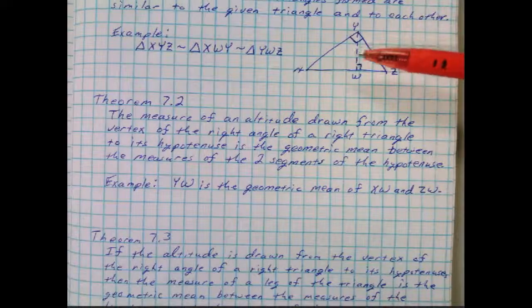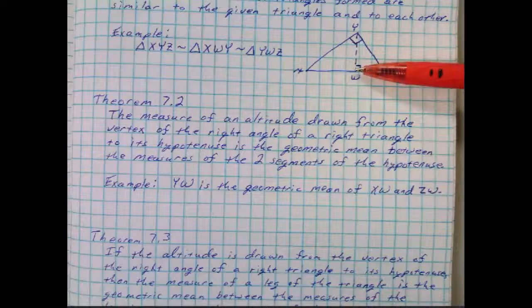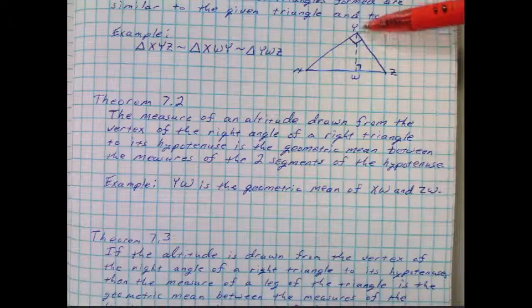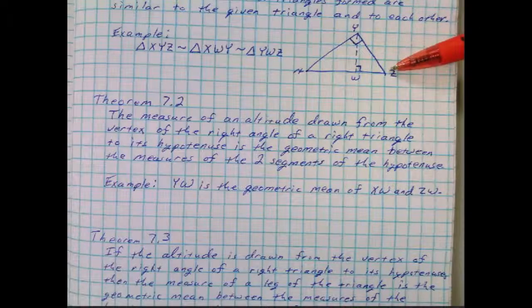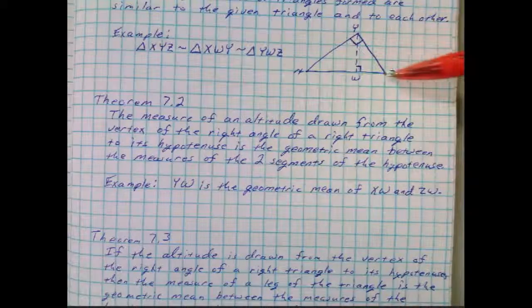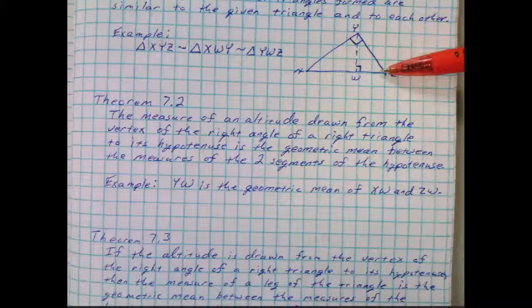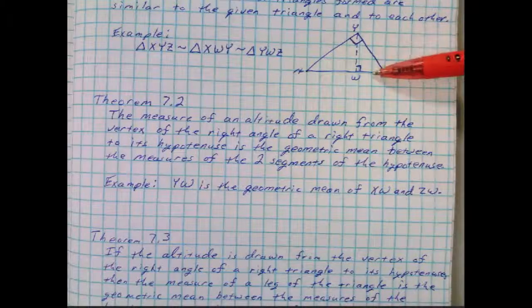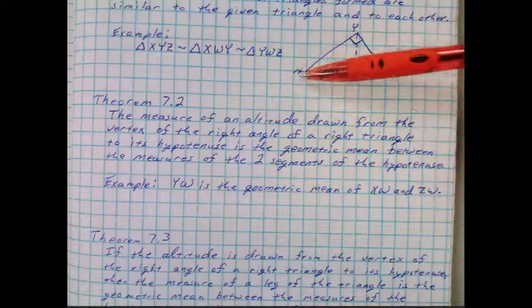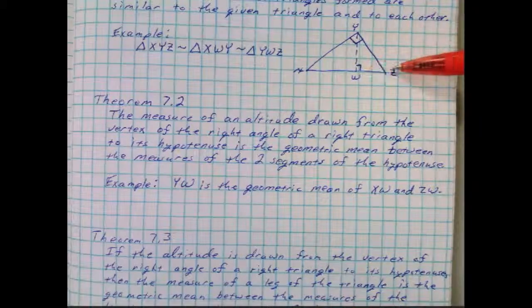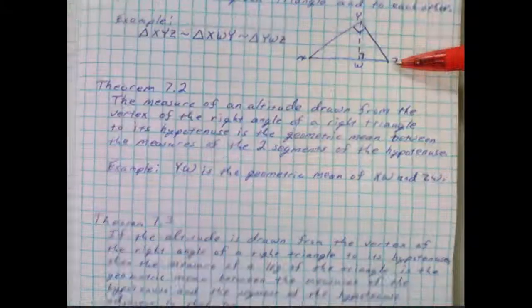So it says we have our altitude, says that the measure of a leg, so let's take YZ for instance, the measure of this leg is the geometric mean between the measure of the hypotenuse, so the whole hypotenuse, and the segment of the hypotenuse that is adjacent to that leg. Well, which one's adjacent to this one? That's this piece. Okay, so we have XZ and WZ are our 2 pieces for the YZ.